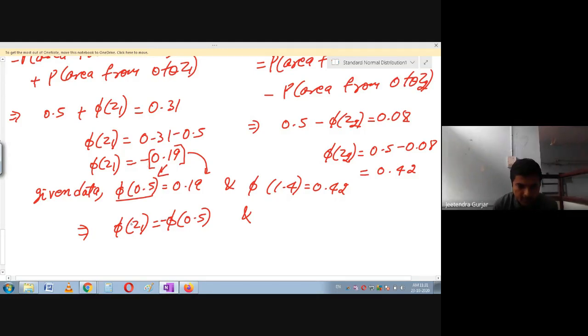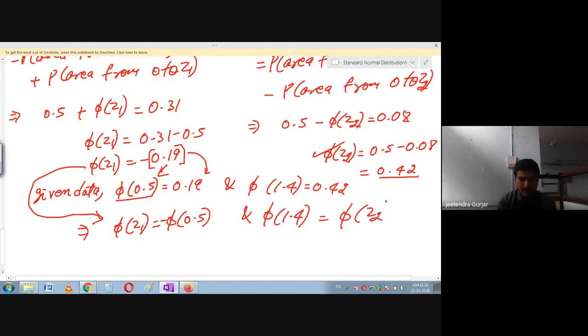Therefore, we get phi of z1 as minus phi of 0.5. Similarly, I'm going to substitute the value 0.42 as phi of z2. Therefore, phi of 1.4 is given as phi of z2.